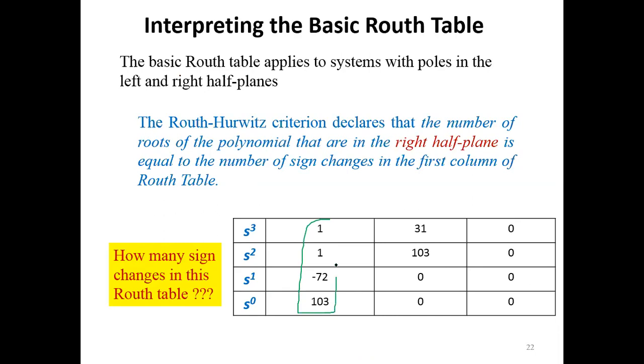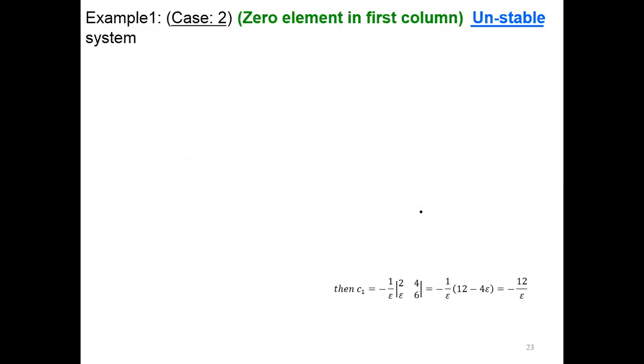Like this example, how many sign changes in this Routh table? Two sign changes. That means we will have two poles in the right half plane of the S plane. With poles in the right half plane, the system will be unstable. So let us discuss case 2: zero element in the first column.